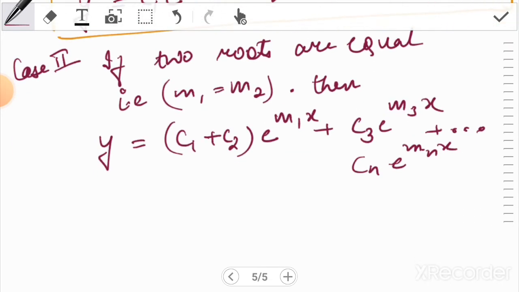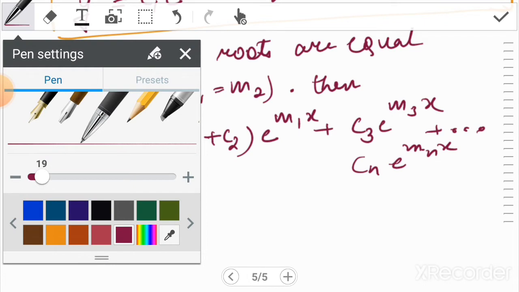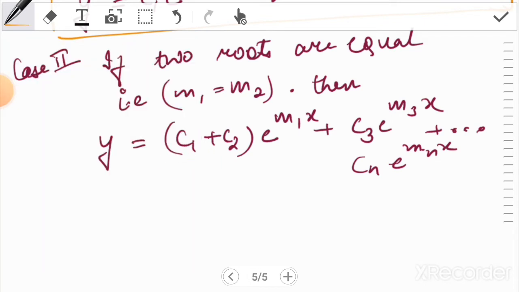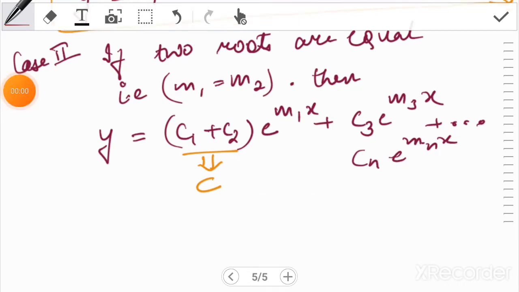Okay, and we can replace this c1 plus c2 by one arbitrary constant c, right? Since it has only n minus 1 arbitrary constants, it is not the complete solution.